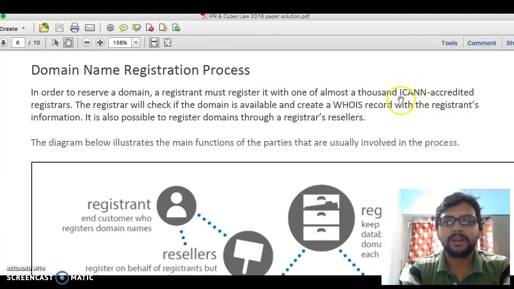India inherited some power from ICANN, and India allows some resellers in India. For example, GoDaddy or Google are resellers, certified domain resellers in India.